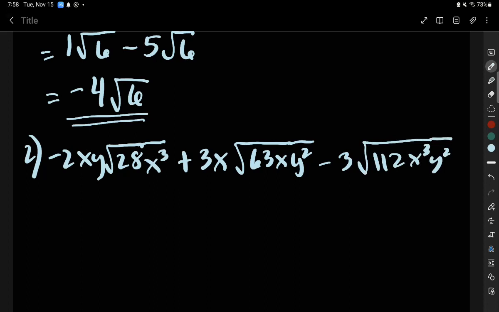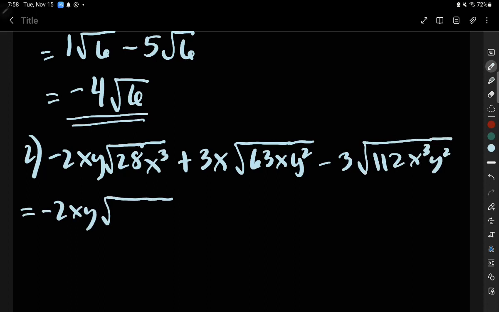Alright, so after that, again, what we are after is we want to make it the same radicals inside. So let's break what's inside the square root. Since it's a square root, what we want is an exponent of 2 or multiples of 2.